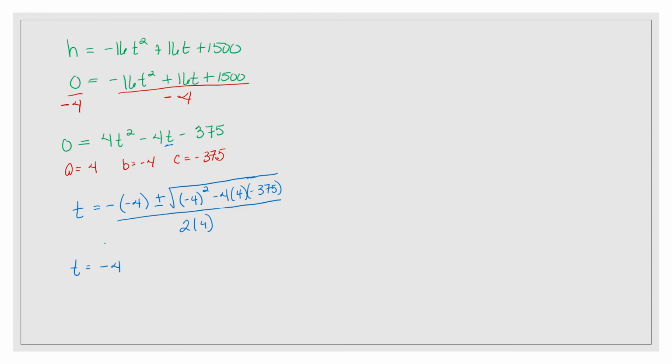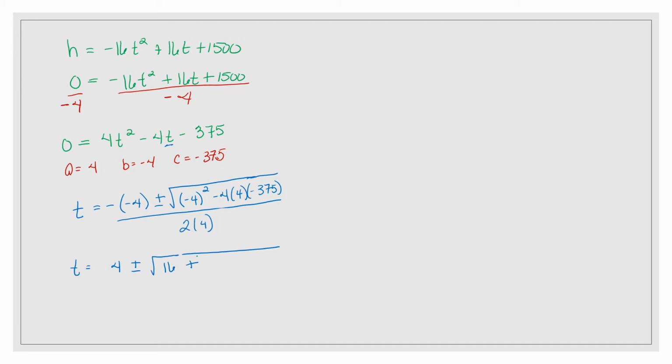This 4 would be positive, plus or minus square root. Well, negative 4 squared. Good, 16. Now, I technically have a negative 4 times a positive 4 times a negative. Yeah, that's going to give me positive. So you're going to have to do your work on multiplying while I do my work on multiplying.